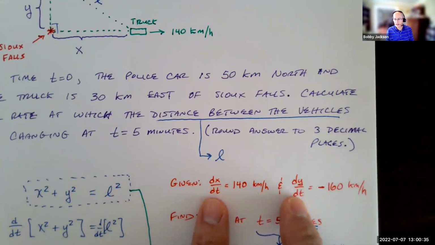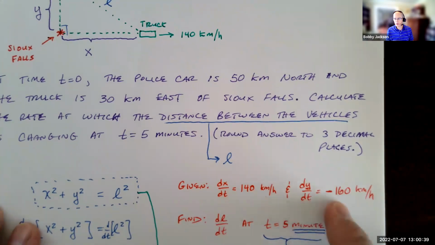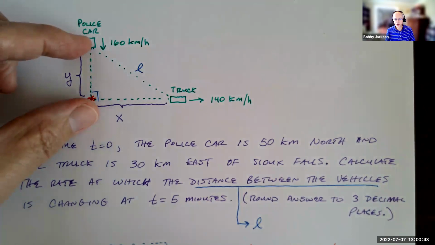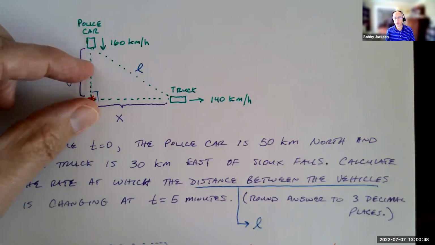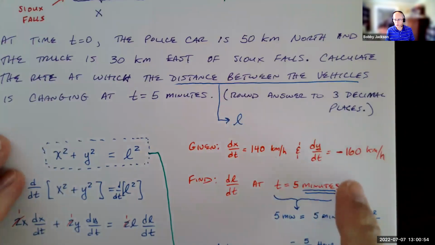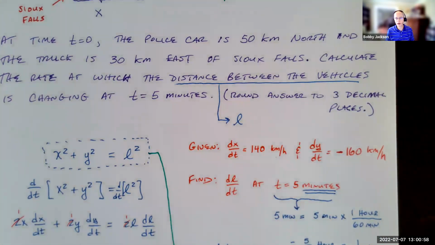dy/dt is negative 160 kilometers per hour. Why is dy/dt negative 160? Well, as the police car gets closer to Sioux Falls, what's happening to the value of y? It's getting smaller, and so therefore dy/dt has to be negative. Your rate of change has to be negative. You have to be able to put that negative rate of change on the given quantity here.